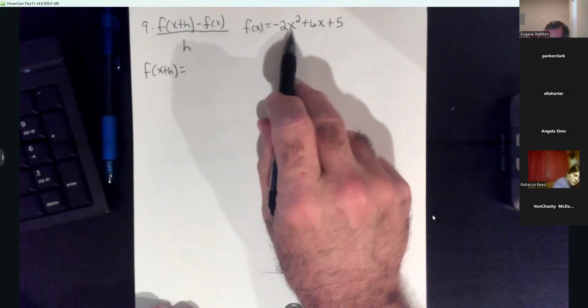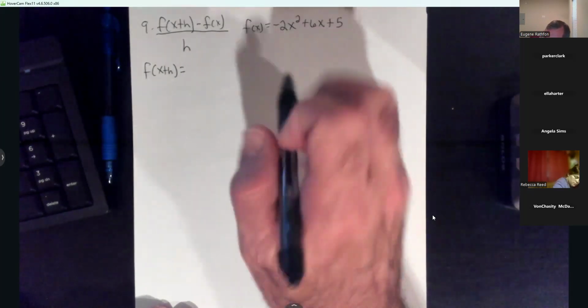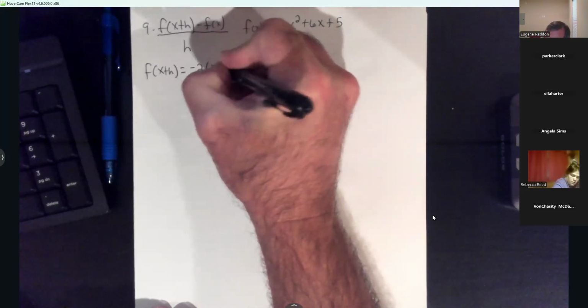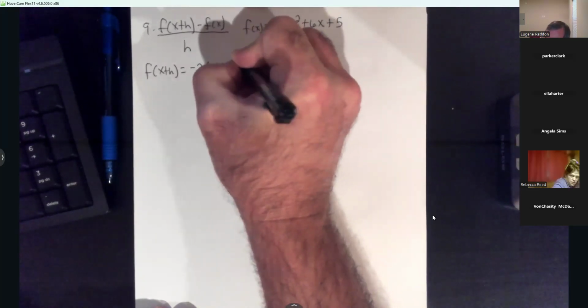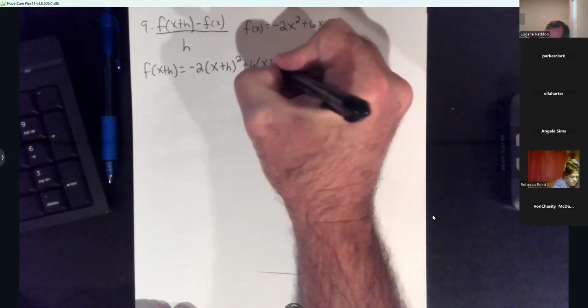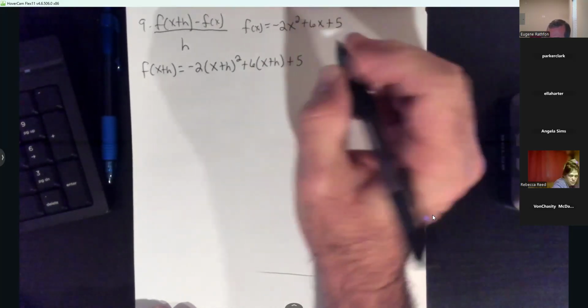So f of x plus h, we're going to take these two x's and put an x plus h in place of them. So I got -2 times x plus h squared plus 6 times x plus h, and then plus my 5.